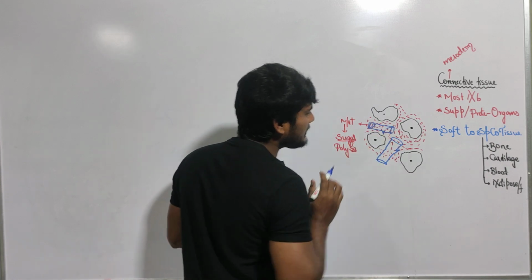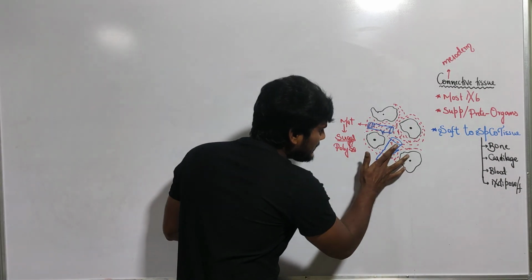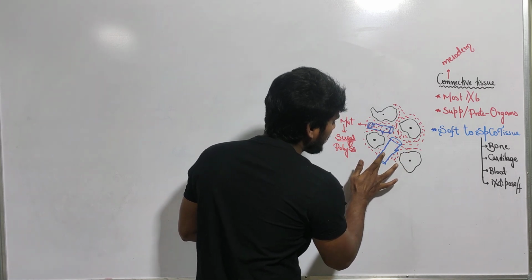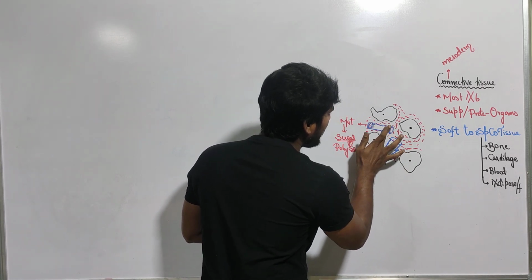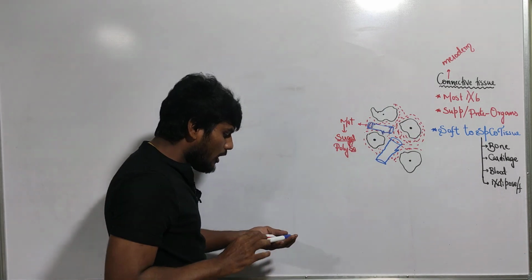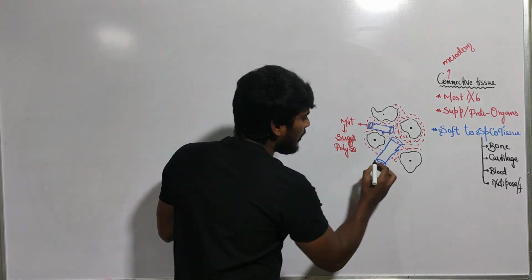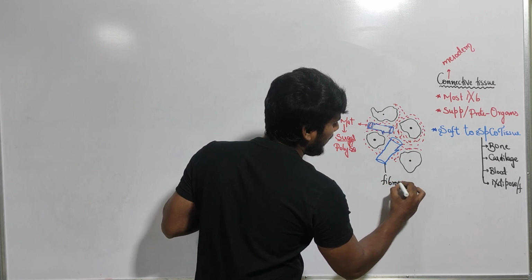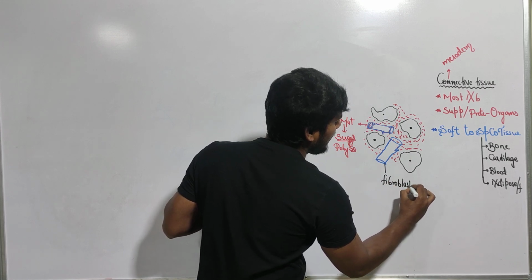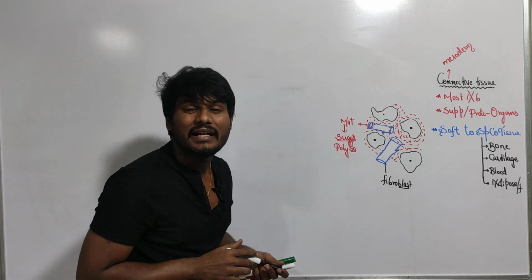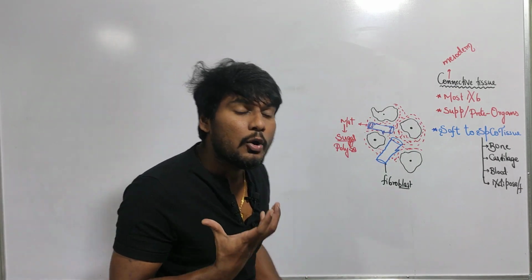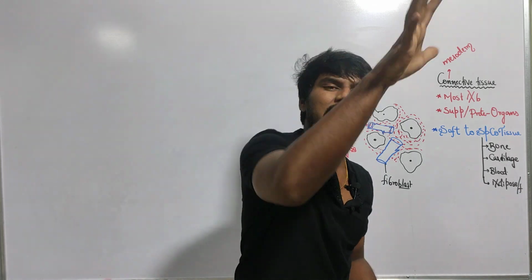These are the cells, and we call them fibroblasts, the cells I represented with the blue color. Fibro, B-L-A-S-T. What is the meaning of blast? Blast indicates an immature cell, or a cell which has the capability to synthesize something.